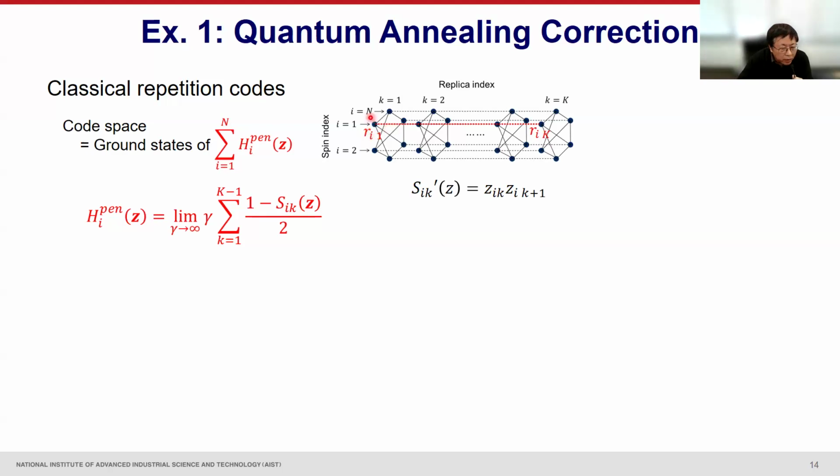And every spin associated with the same index I is adjacently coupled by inter-replica ferromagnetic interaction, which offers energy gap protection given by this penalty Hamiltonian.